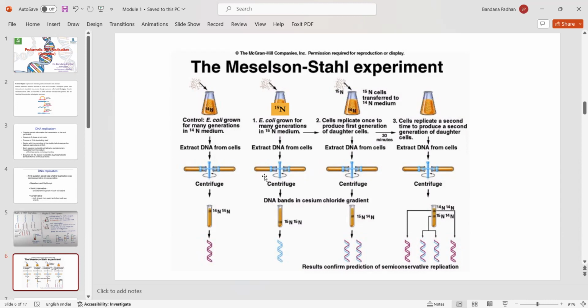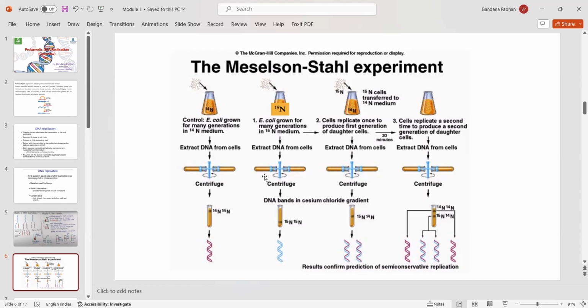coli in a medium containing again a light isotope, or N14 isotope, for at least 30 minutes, the second generation. They extracted the DNA and centrifuged it in cesium chloride density gradient centrifugation, and they found a medium band, meaning an intermediate band between the light band and heavy band.